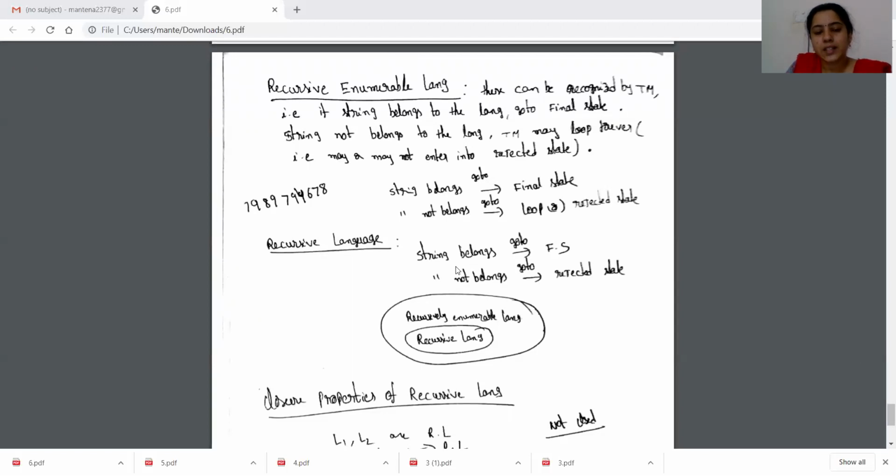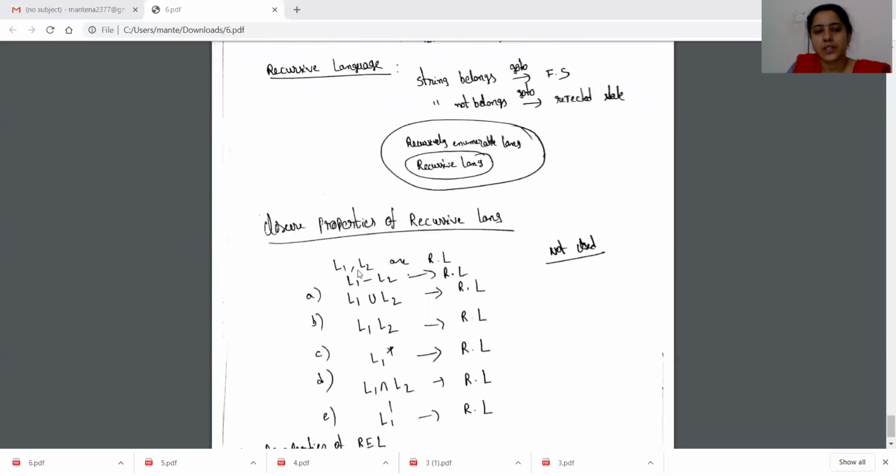If that is the case, that type of language is called a recursive language. Sometimes, if a string does not belong to the language, the machine will go into a loop state. That type of language is called a recursively enumerable language.